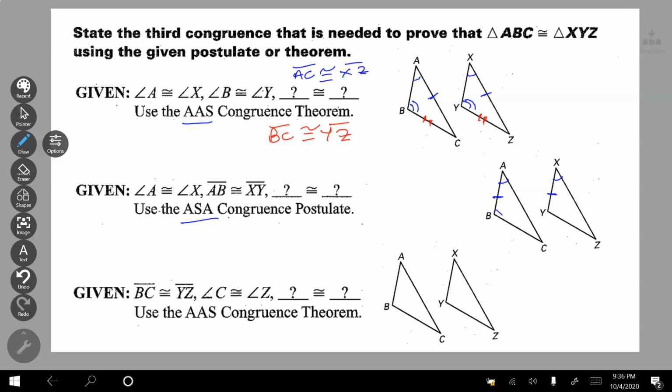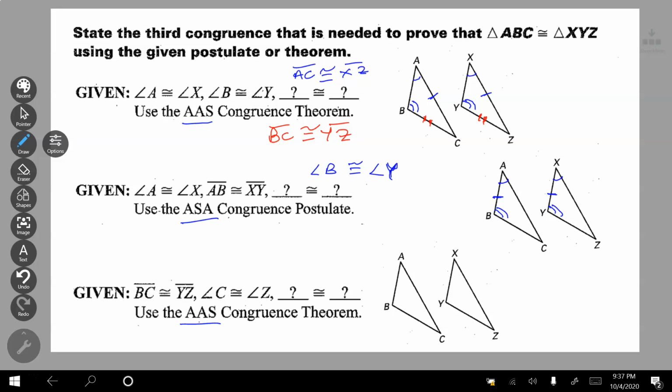So I have to do an angle here and an angle here, because now I have my whole situation of angle, side, angle, angle, side, angle. So I had to show that angle B was congruent to angle Y. That's what I needed. That was my bad. I'm going to make mistakes. I'm not perfect.